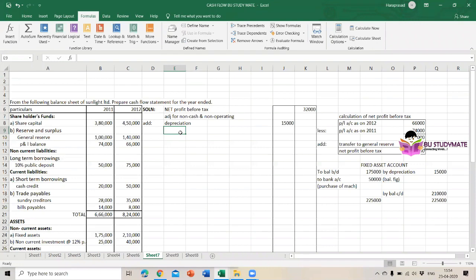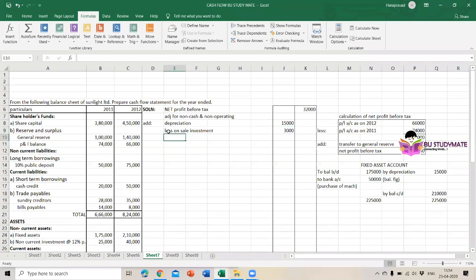We will make the non-current investment account, but now we don't want it. So we will write that loss on sale of non-current investment. How much? 3,000.